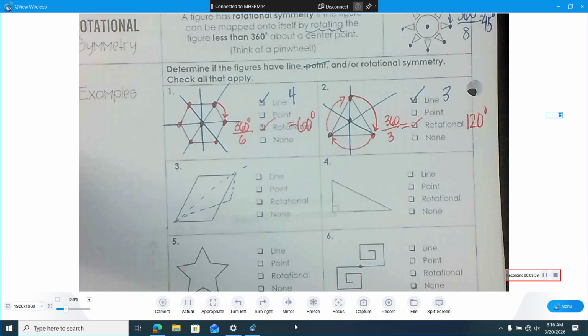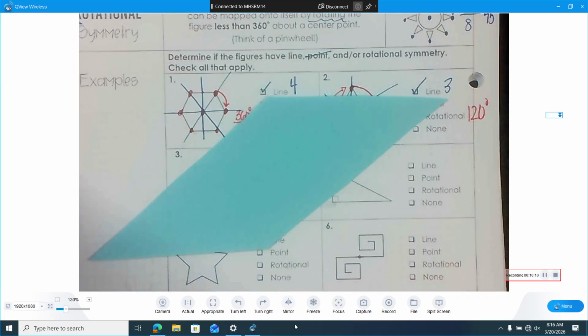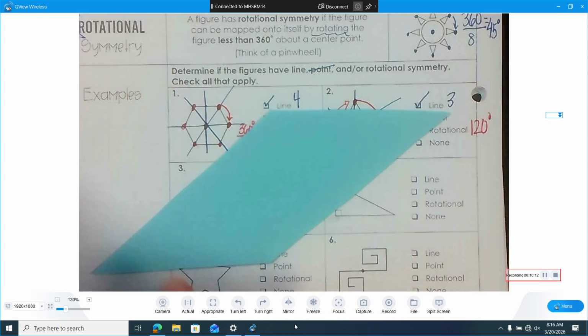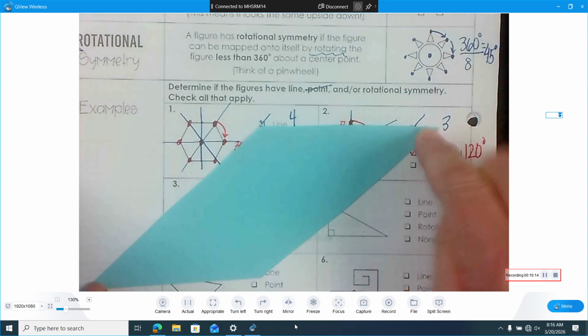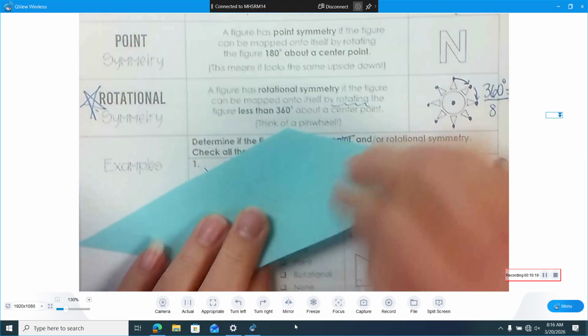All right, it's not a perfect match, but I think it's good enough. When in doubt, make a model. So here we go, parallelogram-esque shape. Let's see, if it has line symmetry, you think we can fold it from one corner to the other. See what happens here.